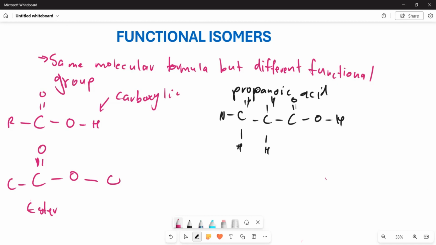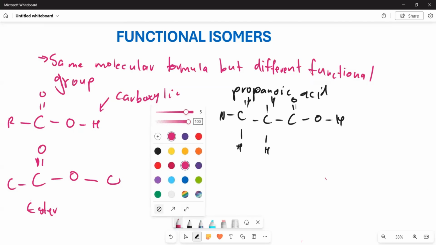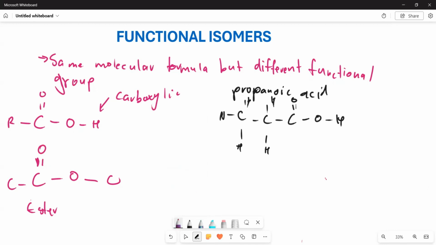As soon as you move the functional group to the carbon in the middle, the functional group is going to change from a carboxylic acid to an ester. For example, if you move it to the carbon in the middle, this is going to be something like this.